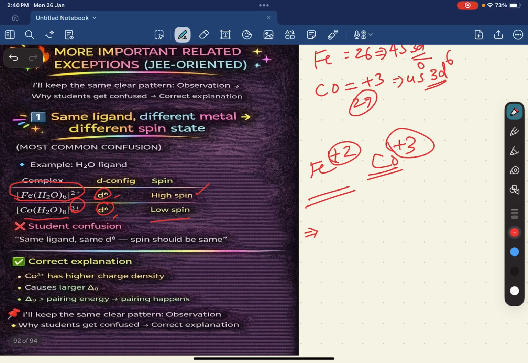That's why Co³⁺ has higher charge density, which causes a large delta naught, meaning the gap or CFSE, and if delta naught is greater, pairing energy is lesser, so pairing happens. So pairing energy is inversely related to pairing, students. Don't get confused. I will keep this same clear pattern for the next example.